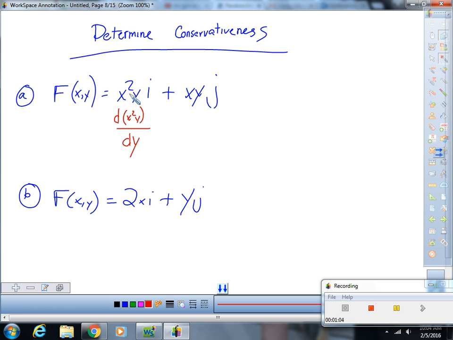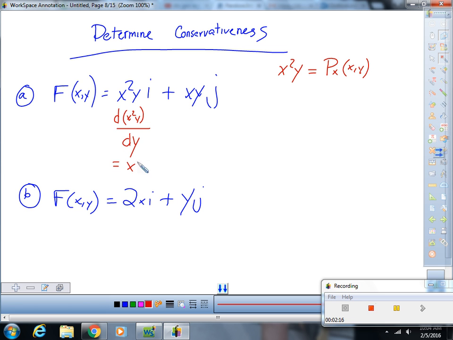But yes, it is assumed from the definition that this came from a potential or a parent function, and so we're saying that x squared y was equal to some function of x and y, the partial with respect to x. And I'm just calling it p so you guys know that it's the potential or the parent function.